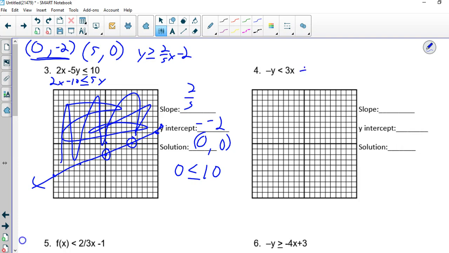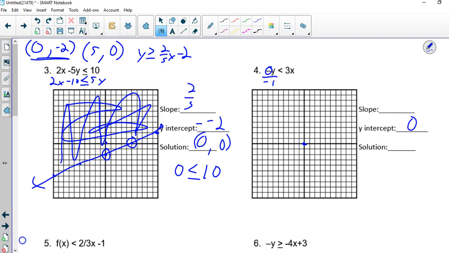Okay, this, again, I have no y-intercept written, but it's 0. My slope is 3 over 1. Or is it? No, it's not. My slope is 0, but look what we have here. A negative 1.